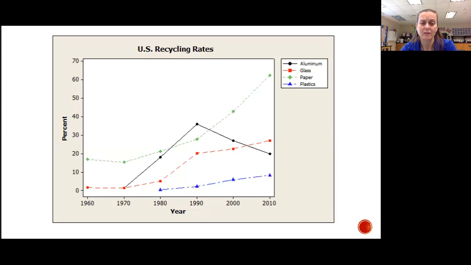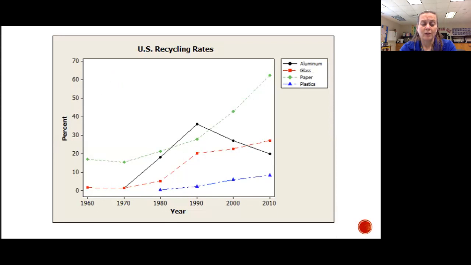Our plastics recycling has increased. Our glass recycling has increased. But in the last 30 years, our aluminum recycling has actually decreased. And aluminum is one of the materials that is most energy hungry when it comes to production. So this is a little bit concerning.